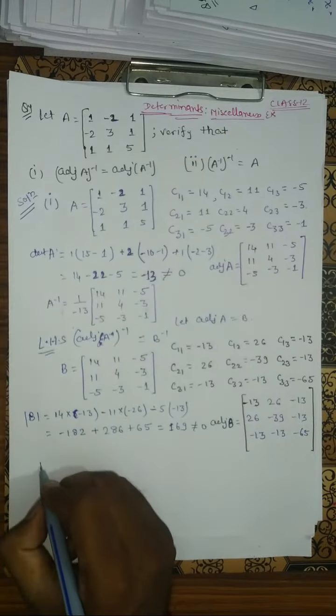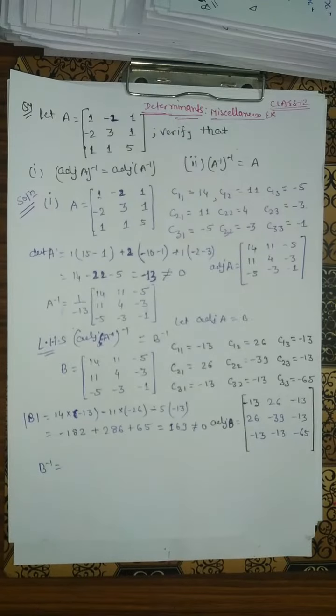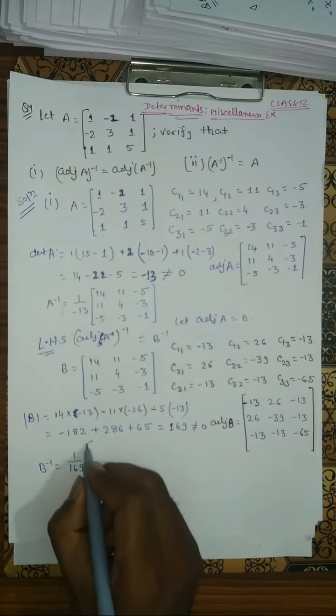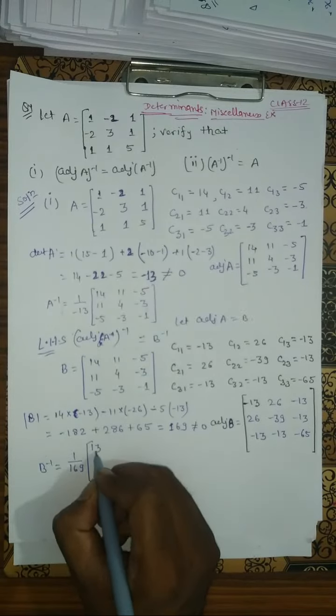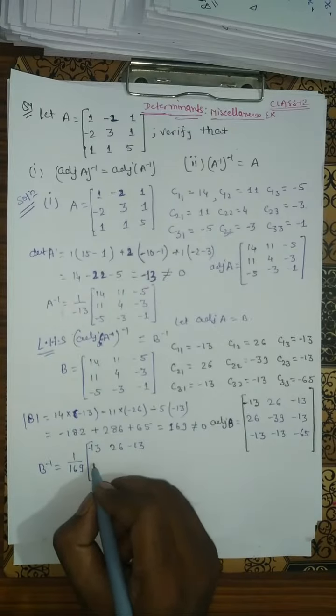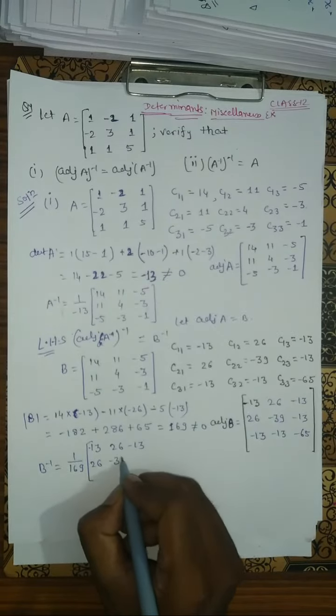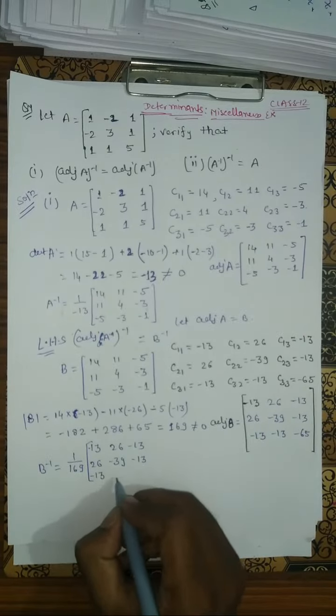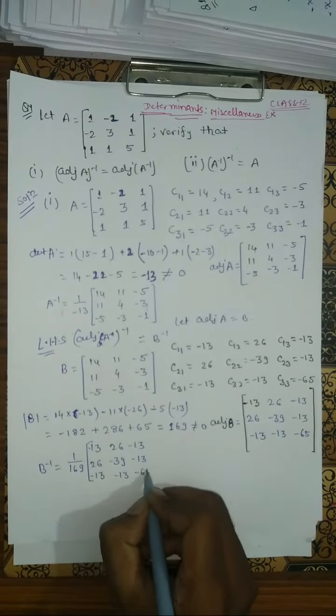सो नाउ बच्चों, B inverse इक्वल टू 1 बाय डिटर्मिनेंट B यानी 169, -13 26 -13, 26 -39 -13, -13 -13 -65.